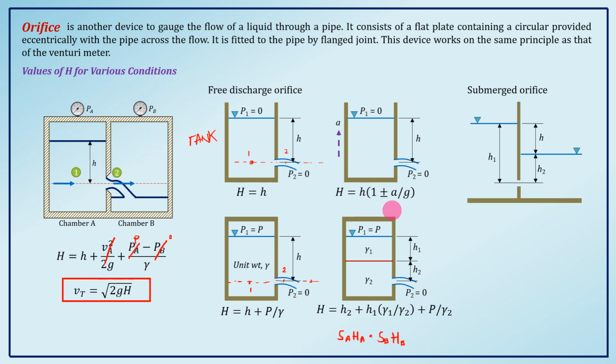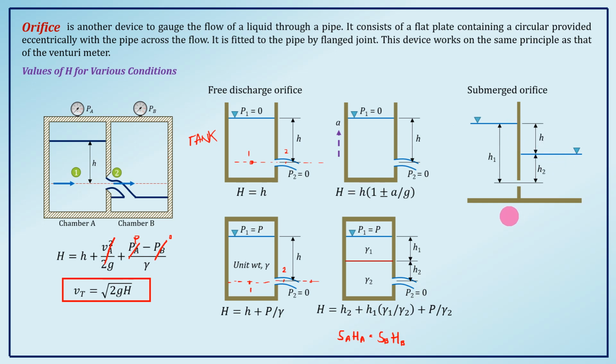Let's say we have this figure. We have the distance from this level to the orifice, H1, and the liquid surface here to the orifice is H2. The change in liquid level is H, the distance between them.